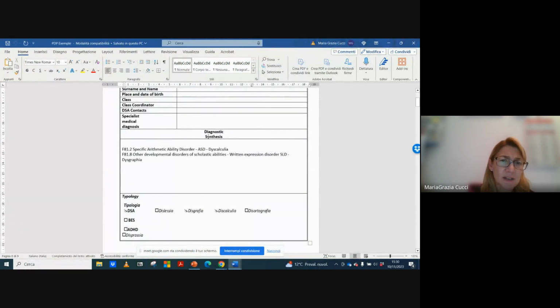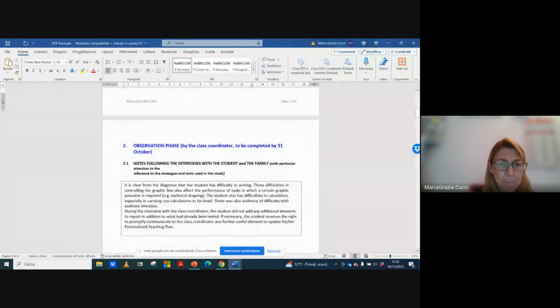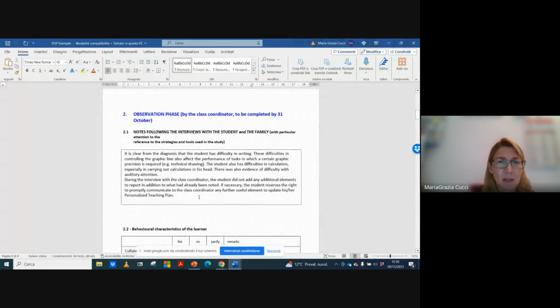You have the diagnosis synthesis, starting from what is written in the clinician's document. What the team of inclusion wrote about the student and the family.